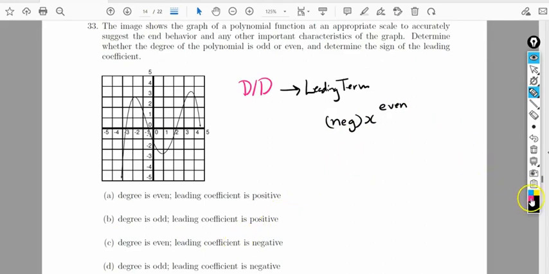So that means your degree is an even number and your leading coefficient is negative. So the degree is even and leading coefficient is negative. The answer is C. The only way you get that right is to know the chart, the 4 cases. Otherwise, you're guessing. It's easy if you know the 4 cases.